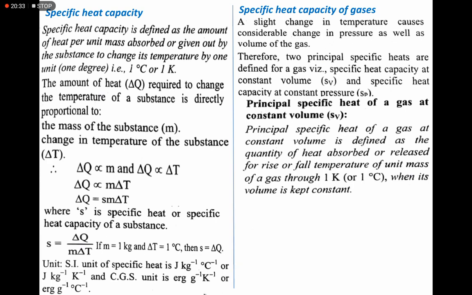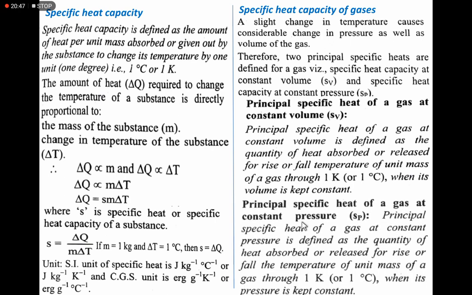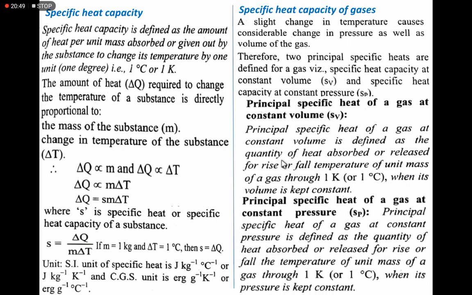Now here you try to understand, the same statement is there for principal specific heat at constant pressure. Only the change in a few words is there. So one definition you memorize, no need to learn this by heart, automatically you can write it.